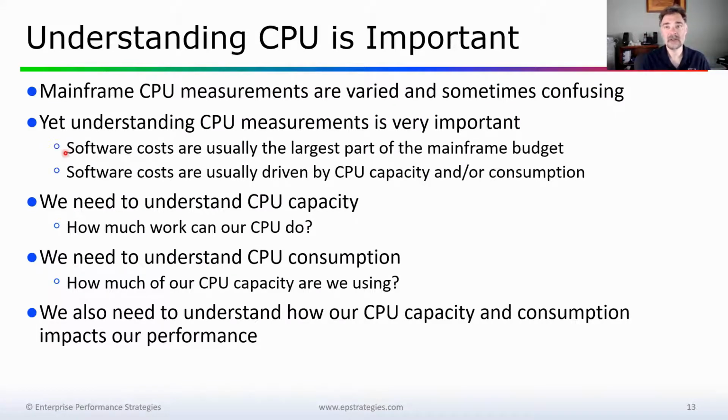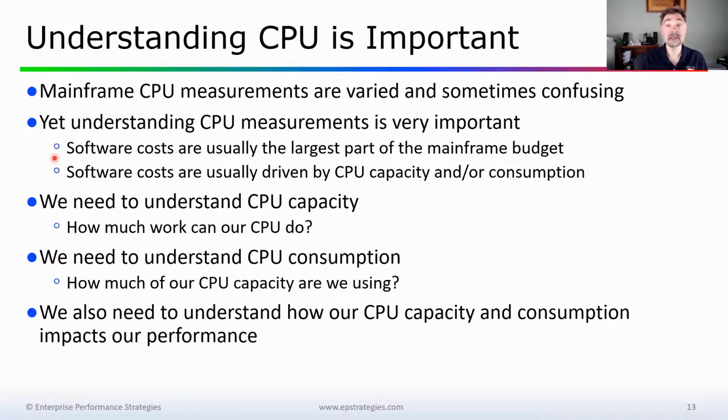Not the least of the reason why is because the software costs are often predicated either on the CPU capacity or the CPU consumption. And software costs often are the largest part of the mainframe budget. People costs come right in there too, but if you're just looking at the software and the hardware, software often is much more expensive than hardware.